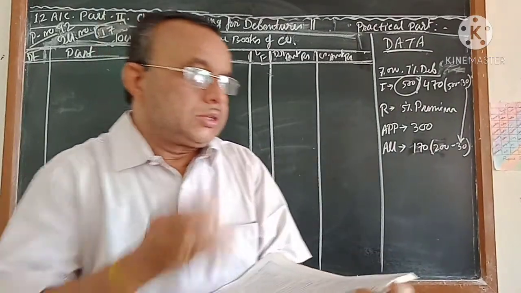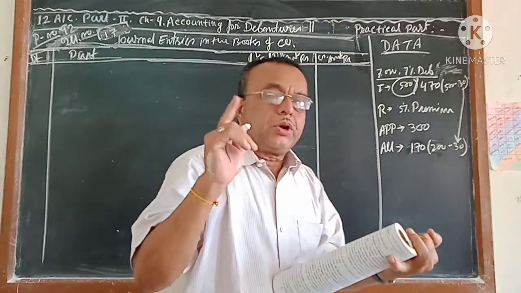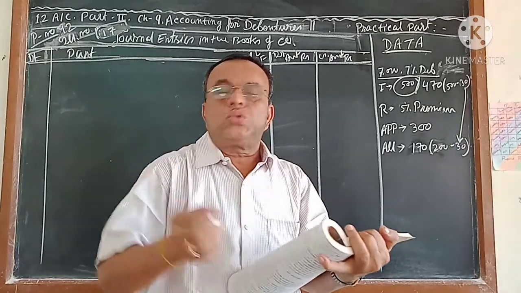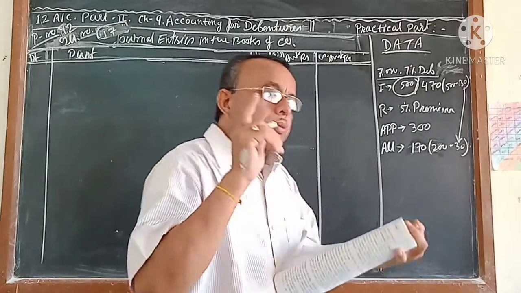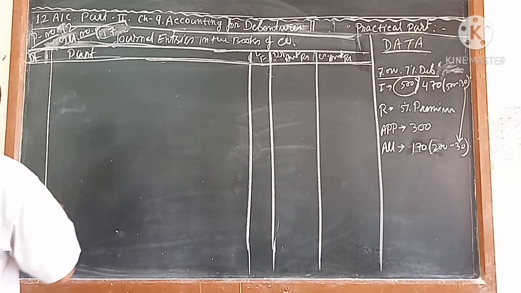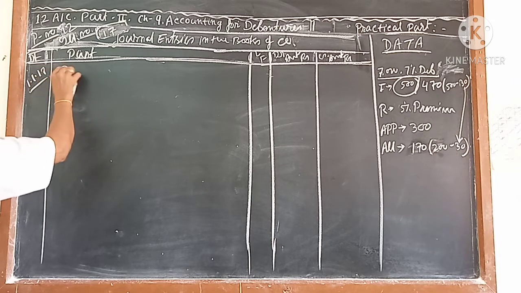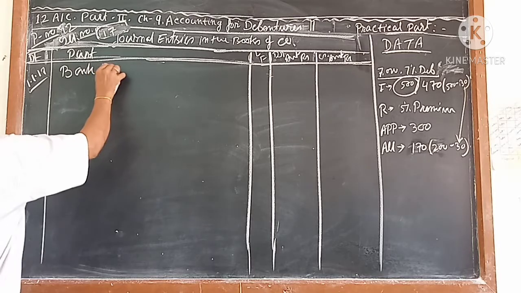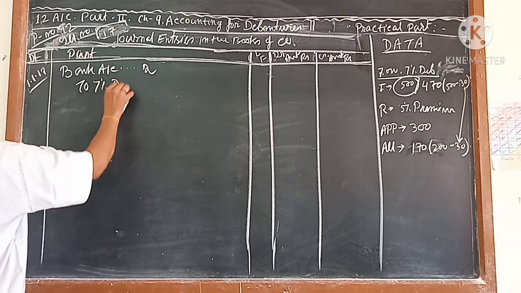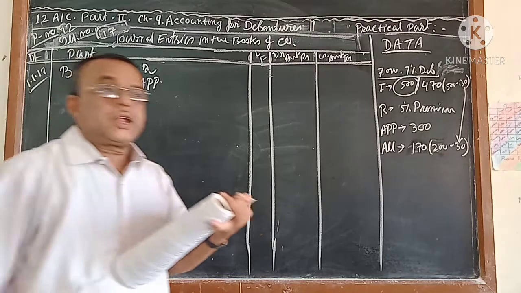Now we will pass the journal entries. The 500 money you are taking not at a time; you are taking first application 300 and the balance amount for the allotment. The balance amount is not 200 because the discount you are passing with the allotment. So your first journal is Bank account debit to 7% debenture application account.